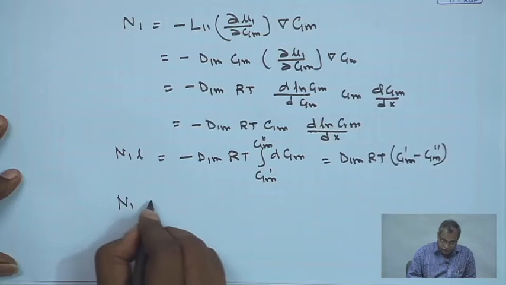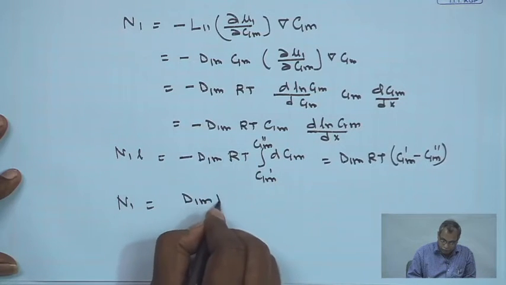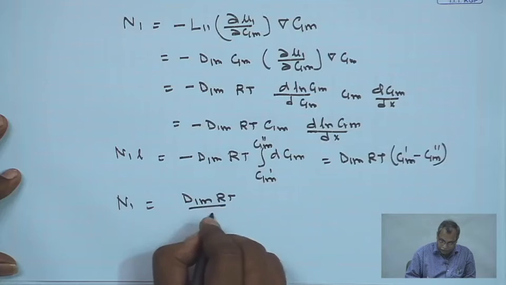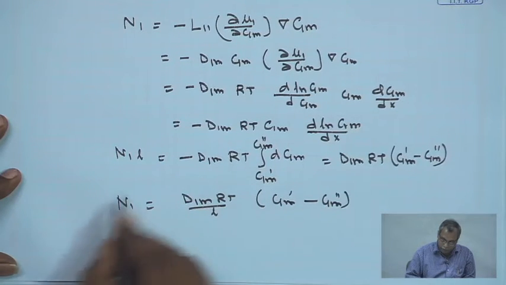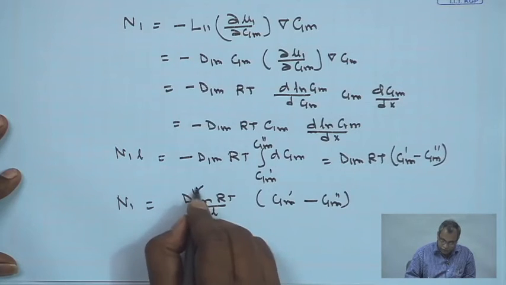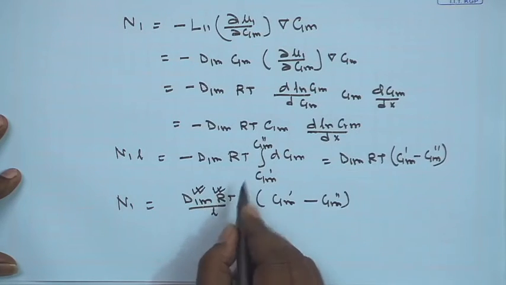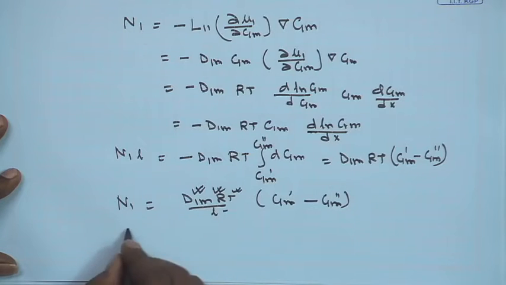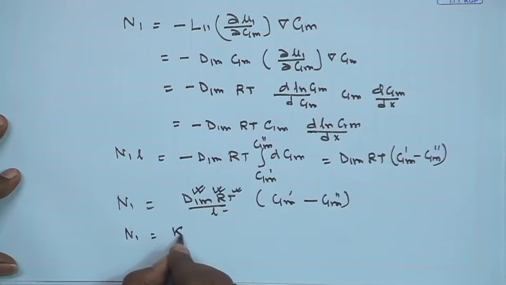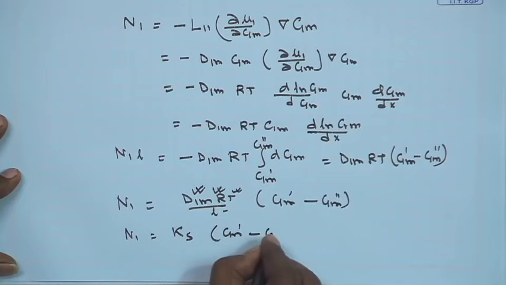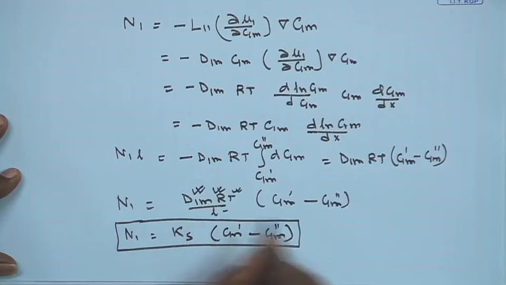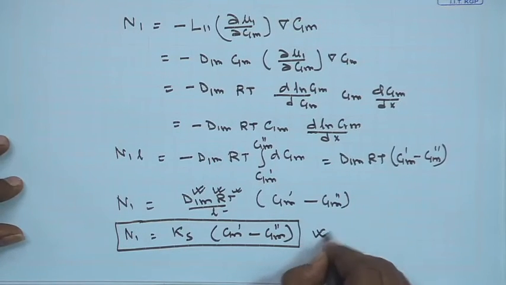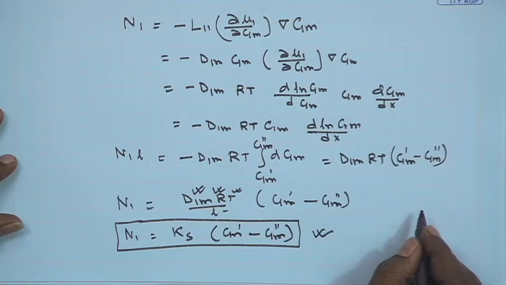So, N1 turns out to be D1m R T over L (C1m prime minus C1m double prime). These will be constant, R is universal gas constant and T is the temperature, L is the thickness. So, N1 can be K times S (C1m prime minus C1m double prime). Therefore, the solute flux will be proportional to the concentration difference.